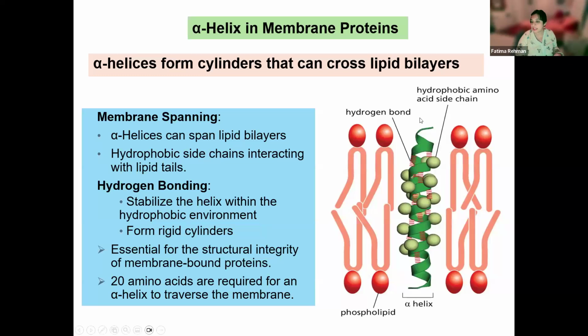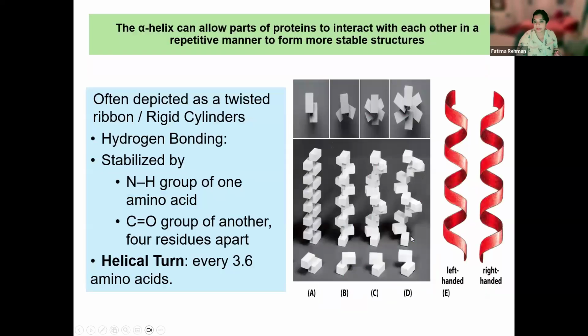Now, if you have just a single coil structure, most of the time, if it's a single-pass transmembrane protein, most of these amino acids are going to be hydrophobic, facing outside with their R groups. And inside, because of all the stability between them through hydrogen bonding, you're going to get a rigid cylindrical structure that is anchoring that protein within the membrane. Okay, so it is very important for structural integrity of membrane-bound proteins.